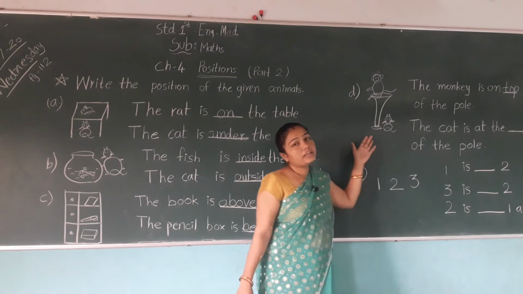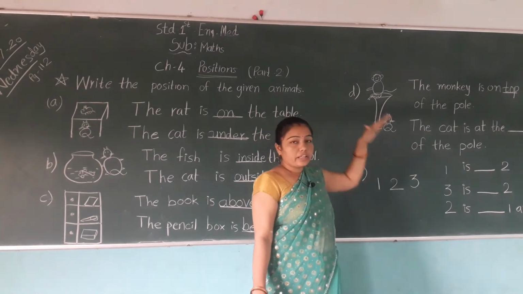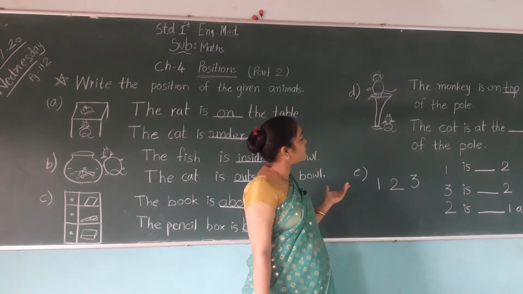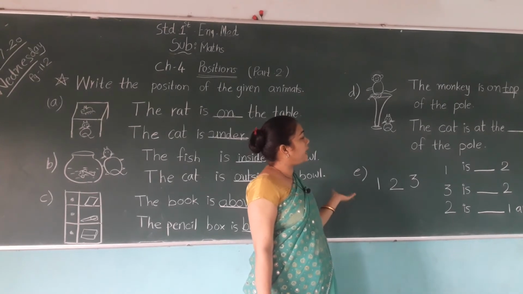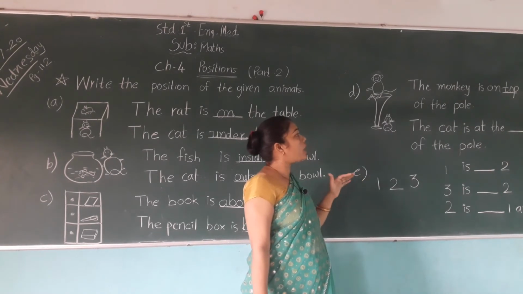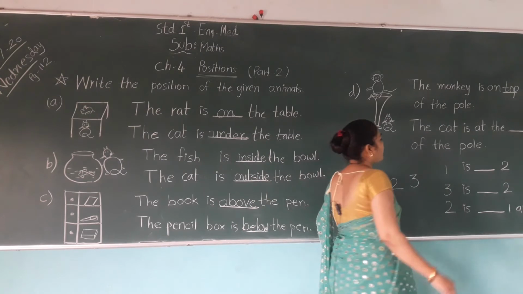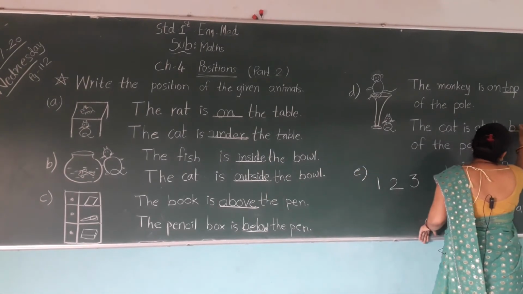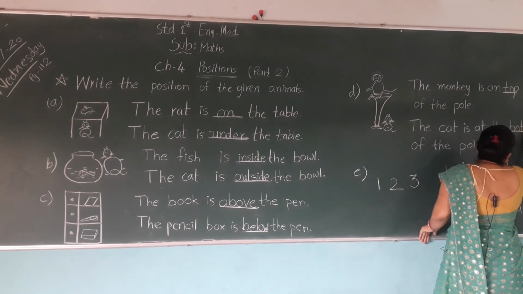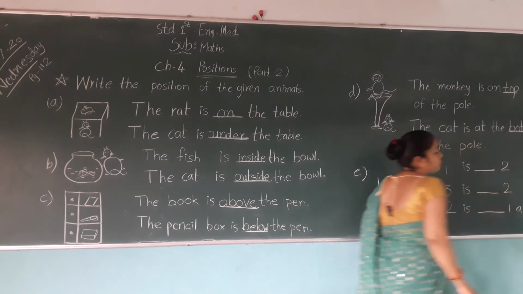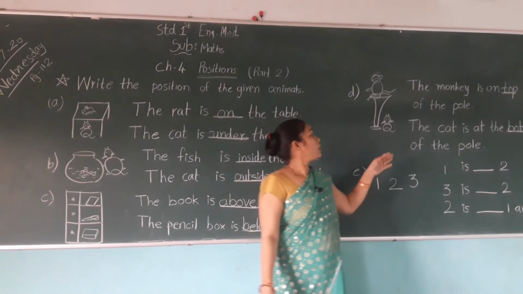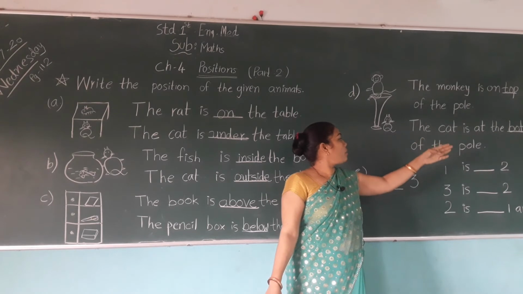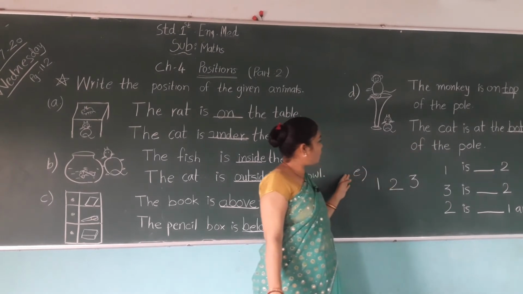Where is the cat? तो cat कहाँ है? पोल के एकदम नीचे. तो what we say? Bottom. The cat is at the bottom of the pole.